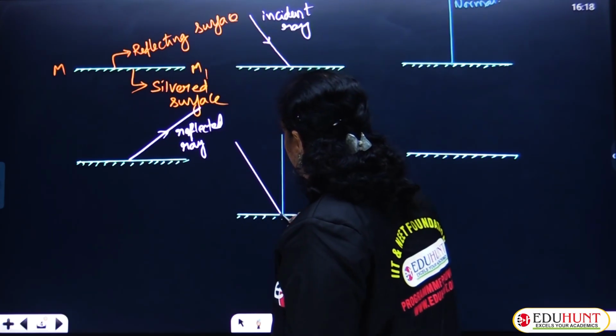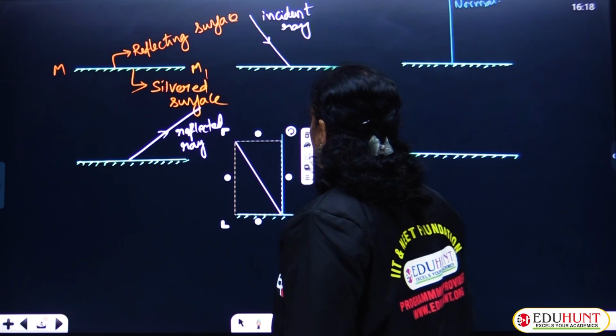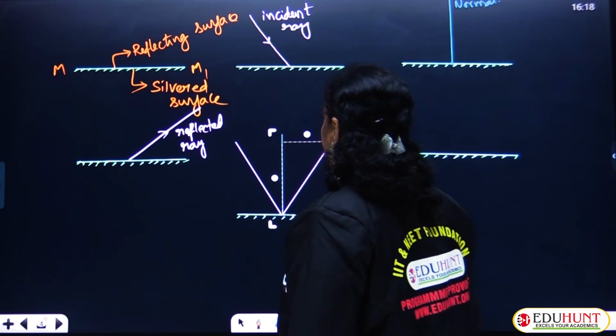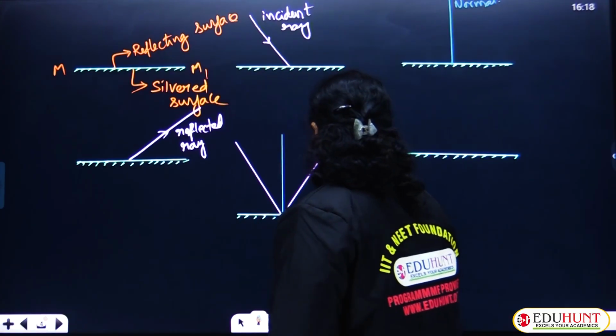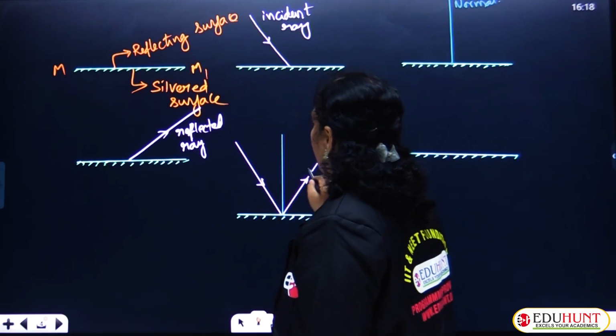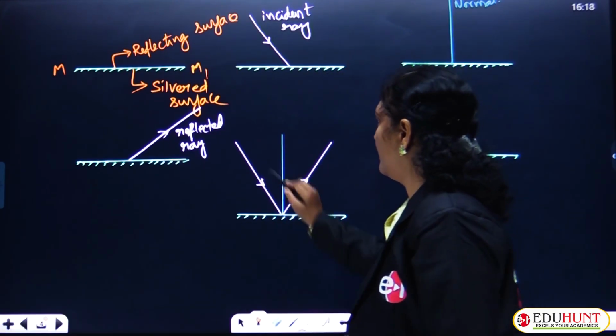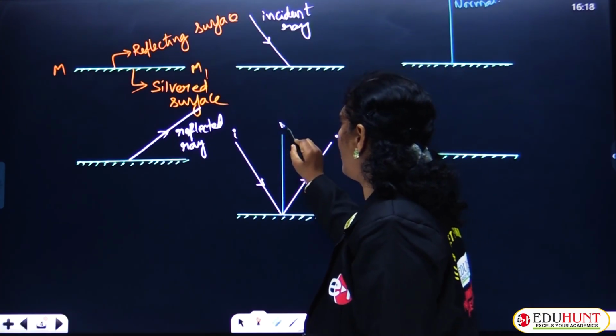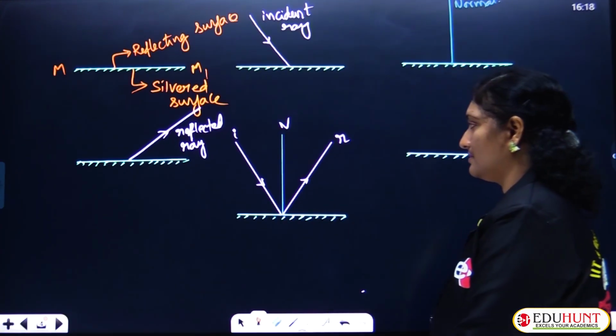Here is your incident ray and this is your reflected ray. Incident ray, reflected ray and normal drawn to the surface.